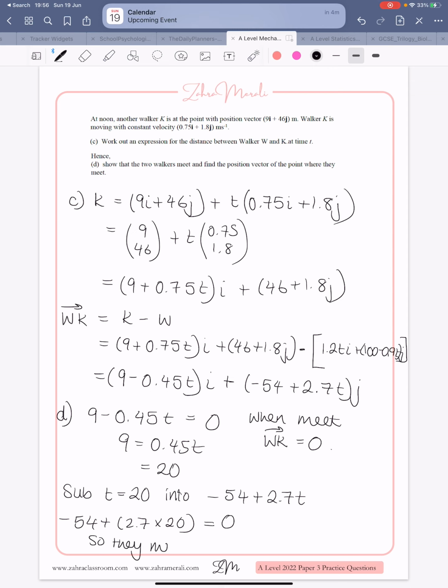Now where do they meet? They meet when t equals 20. So we're going to sub that back into either one of these original ones.